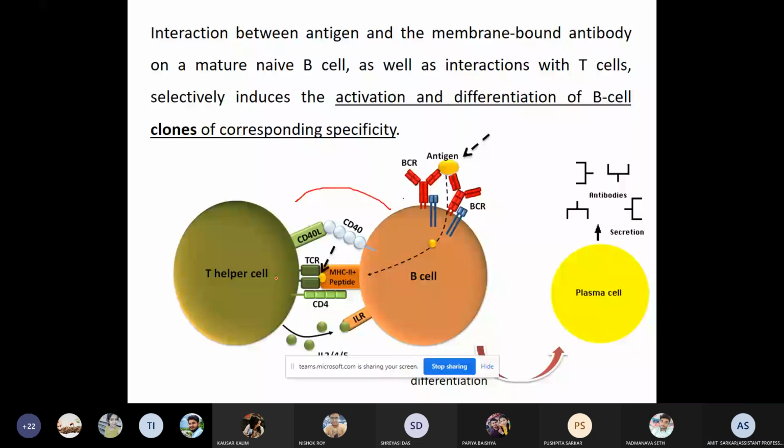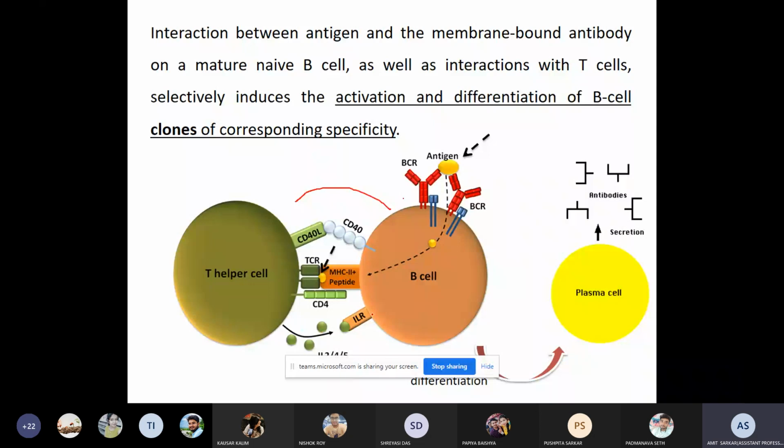How? T cell and B cell cannot talk like us, not in any human language, but they have a language called chemical language. So they will release some chemical molecules, known as cytokines, interleukin. Those chemical molecules will go into the B cell.